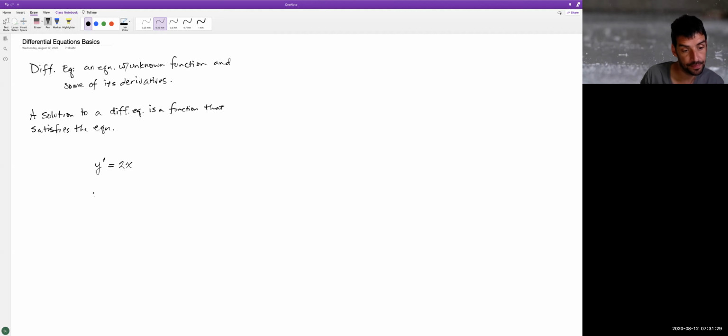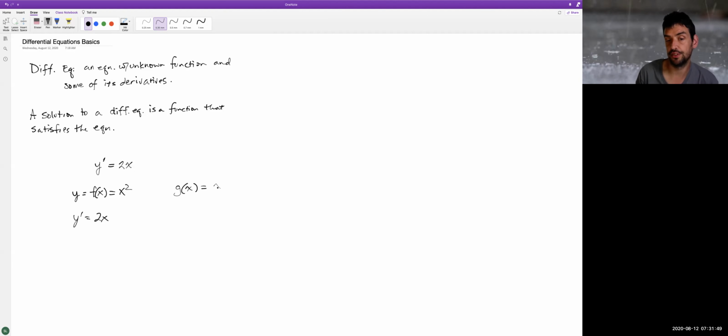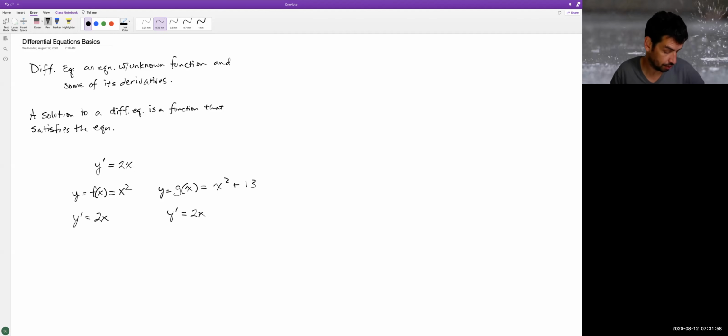For instance, here's a function, right? So if y were equal to x squared, then it's clear y prime is equal to 2x. But we can also do a solution, for instance, of x squared plus 13, right? If I call this y, then we also have the case that y prime is equal to 2x, okay?